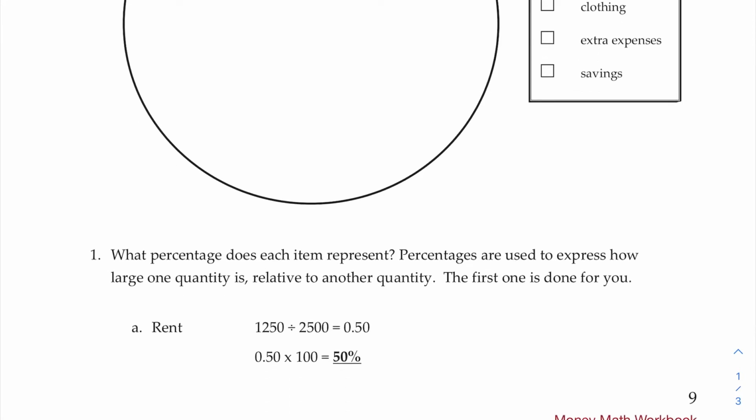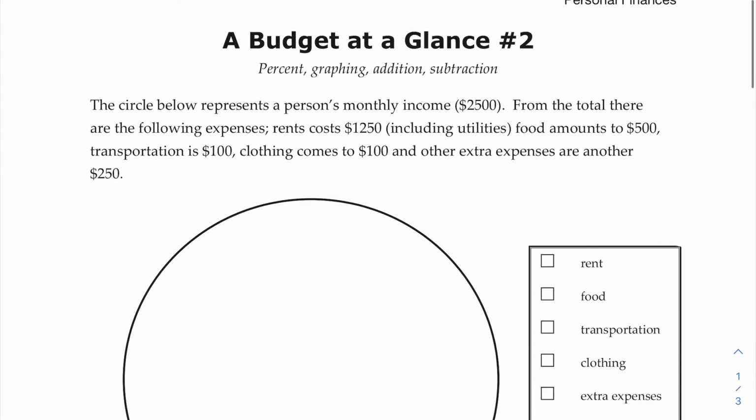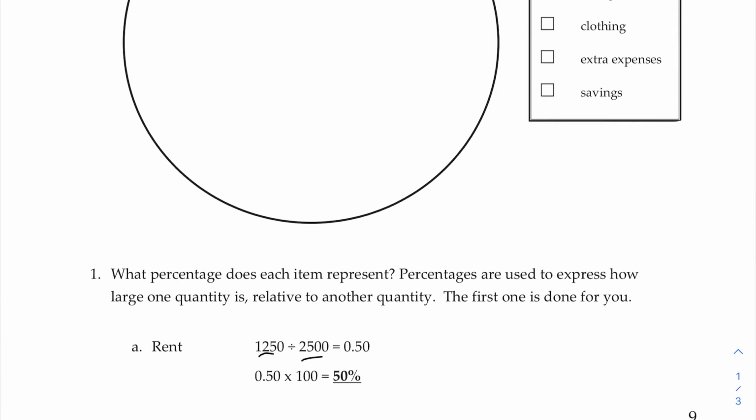Our income came to $2,500 a month, and our rent and utilities was $1,250. So we take $1,250 divided by 2,500, and we find that rent and utilities comes out to be 50% of our total income.